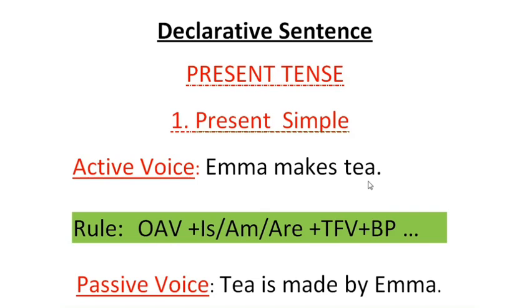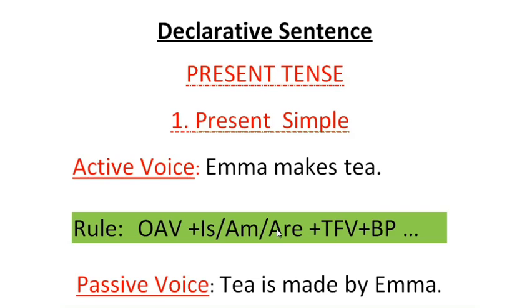So what is the rule? It's very simple to remember. First comes OAV, then is or am or are, plus TFV, plus BP, then the rest of the sentence. So first we have to use OAV, which means tea. Then we select is, are or am, whichever is appropriate here.